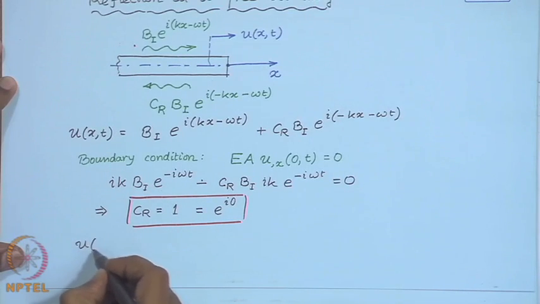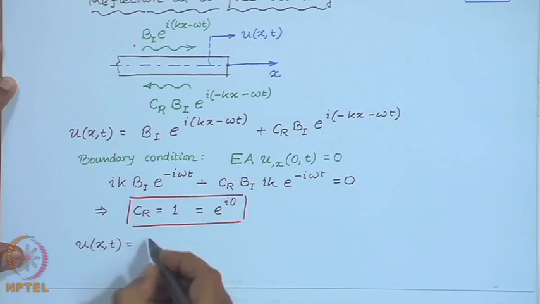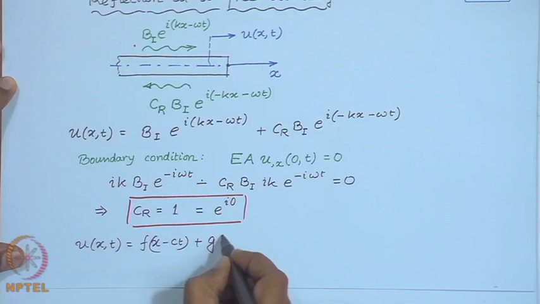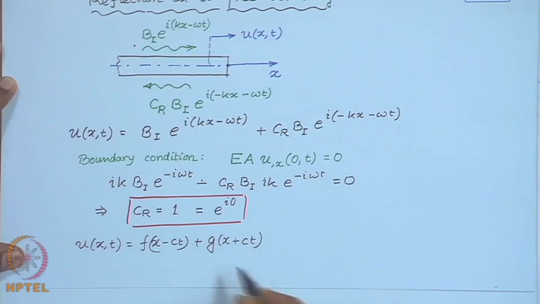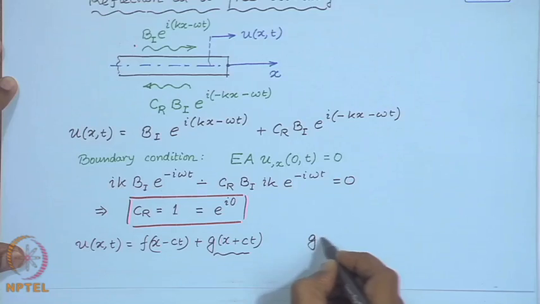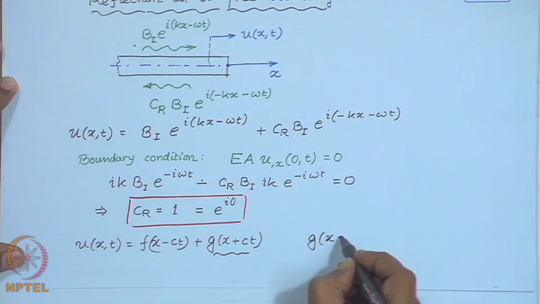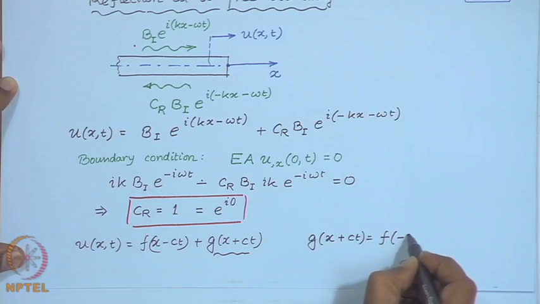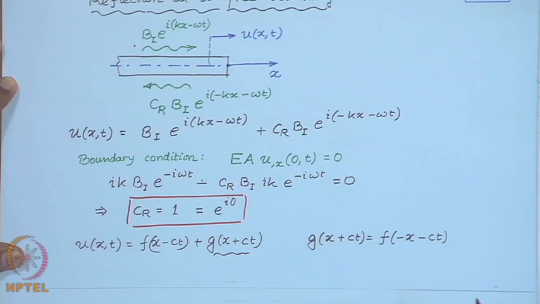If you consider this and use this boundary condition, then you will find that the reflected wave can be represented by this, which means that g of z is actually f of minus z.